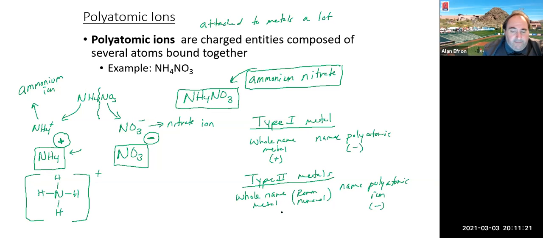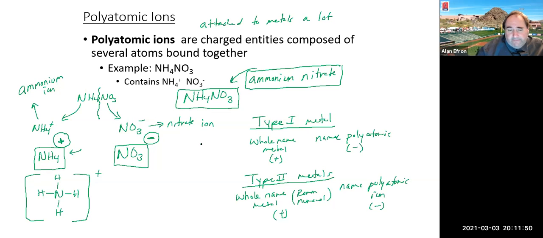Again, the polyatomic ion being negative, the metal being positive. So, like I said, probably 98% of the time, you're going to come across a polyatomic ion that's negatively charged and attached to a metal. You would handle them just like type 1 or type 2 compounds that we just talked about, and we use the whole name of the polyatomic ion when we do that.